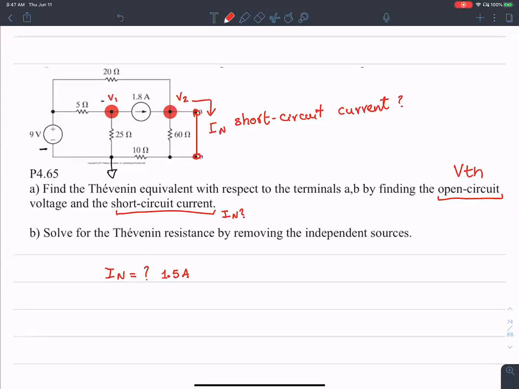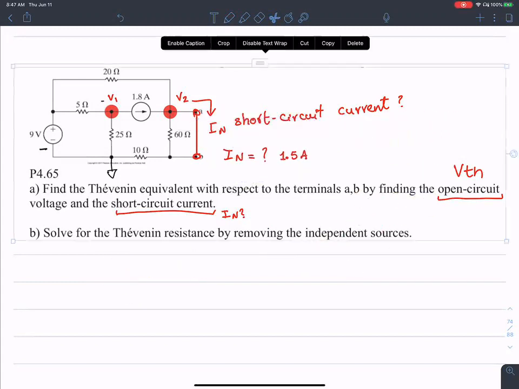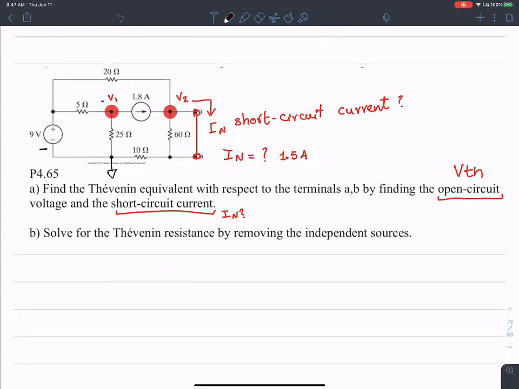So the first thing I'm going to do is to write the KCL at node V2. Let me park this somewhere here. So KCL at node V2.